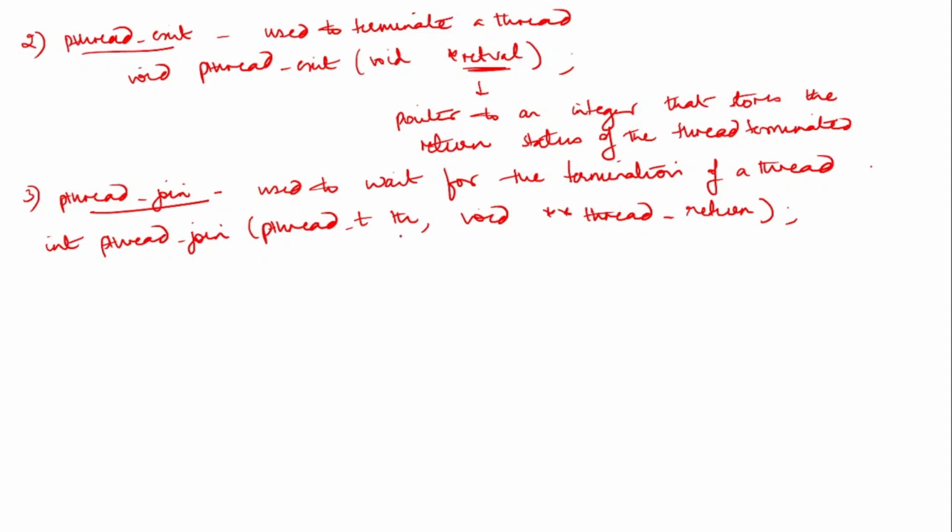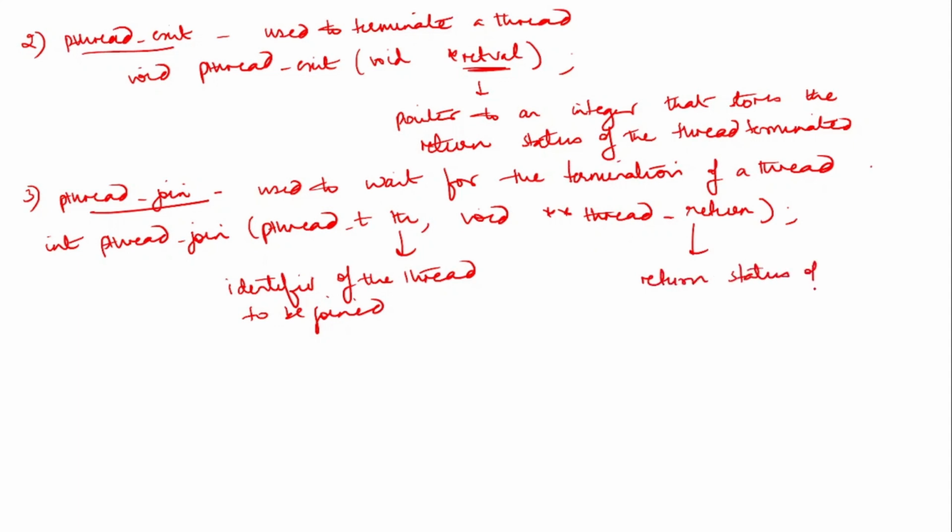The th here is the identifier of the thread that needs to be joined, and the second parameter is the return status of the thread.